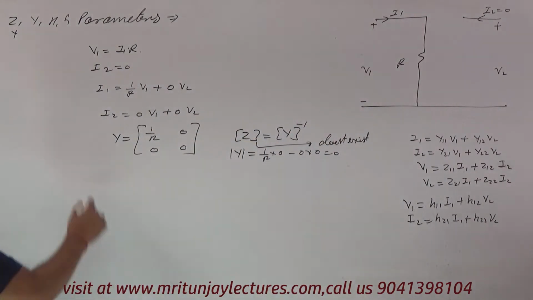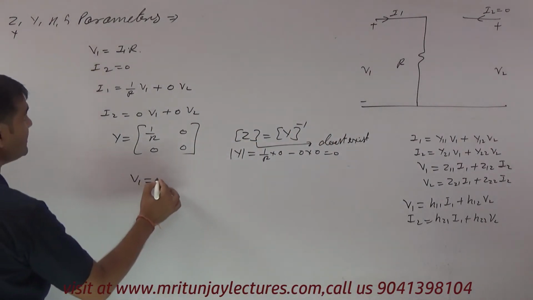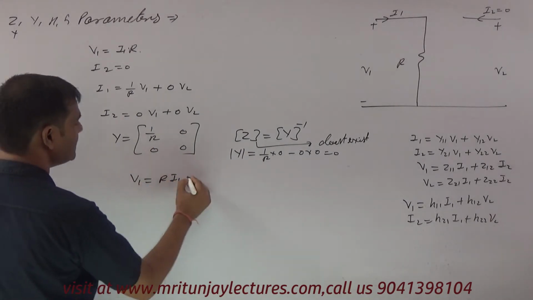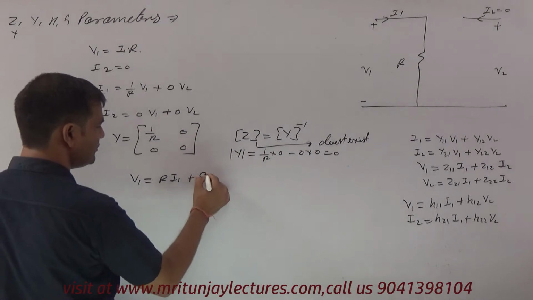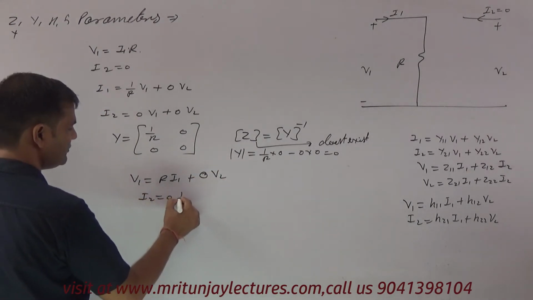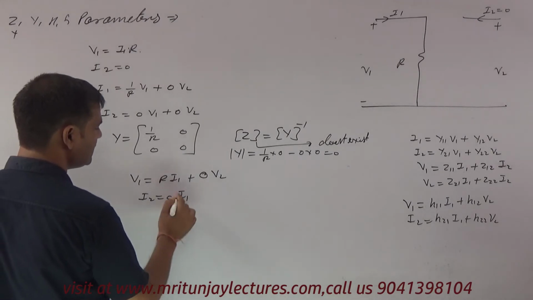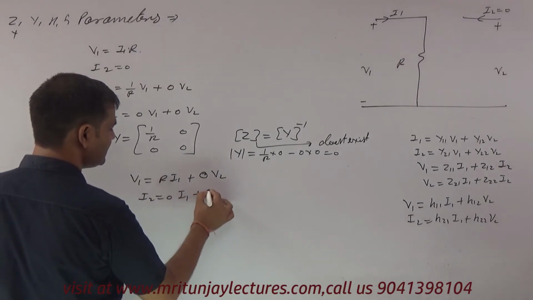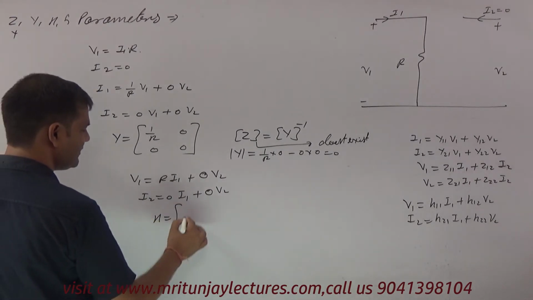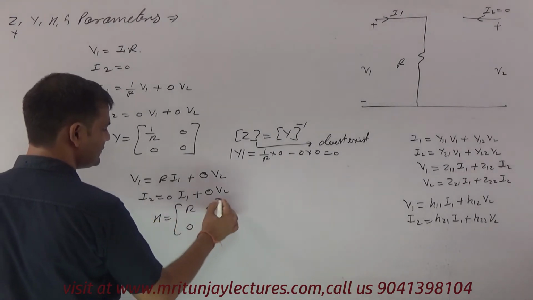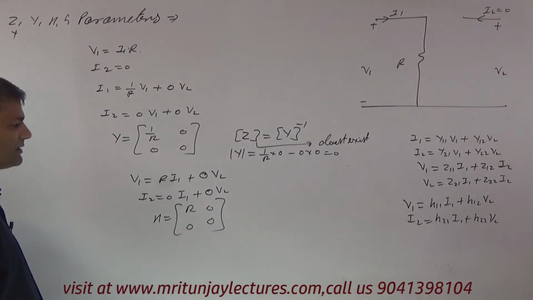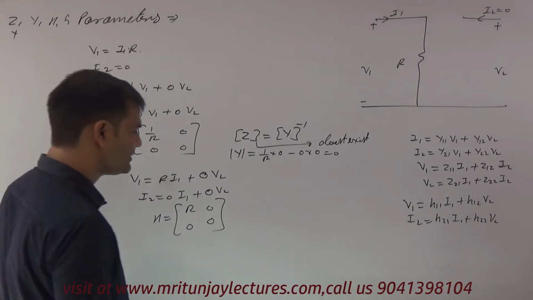So from the circuit, V1 is equal to R into I1 plus 0 into V2. Now what about I2? I2 is equal to 0 into I1 plus 0 into V2. So H is R, 0, 0, 0. That is the H parameter. The H parameter exists.